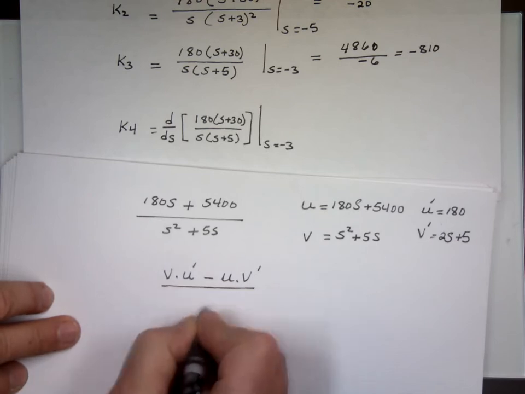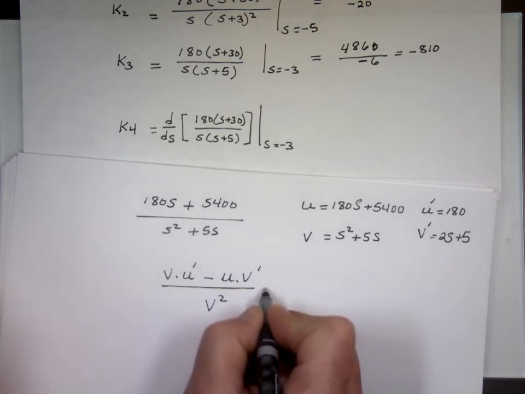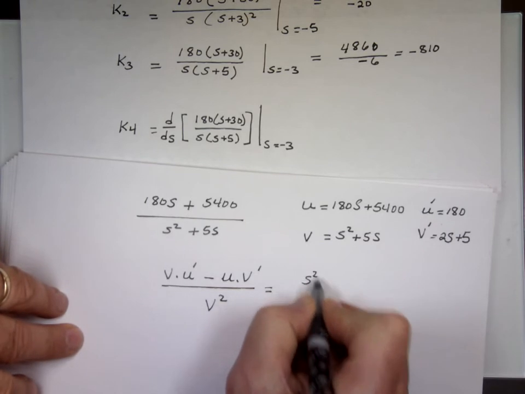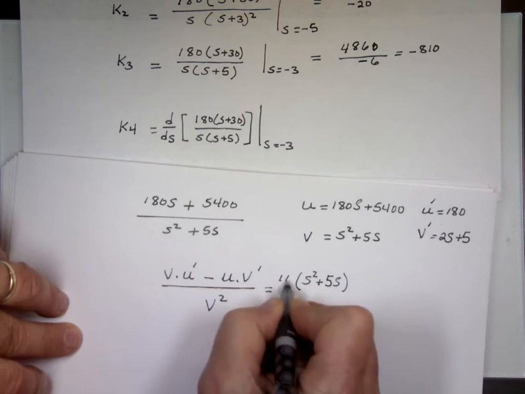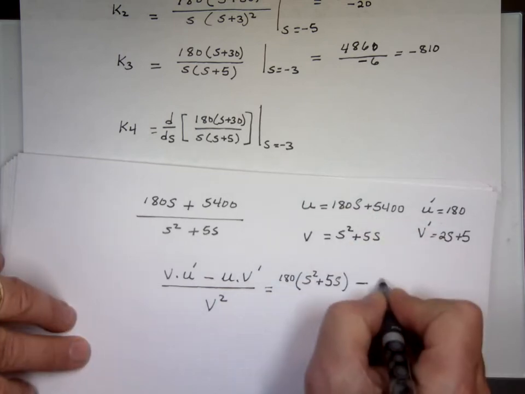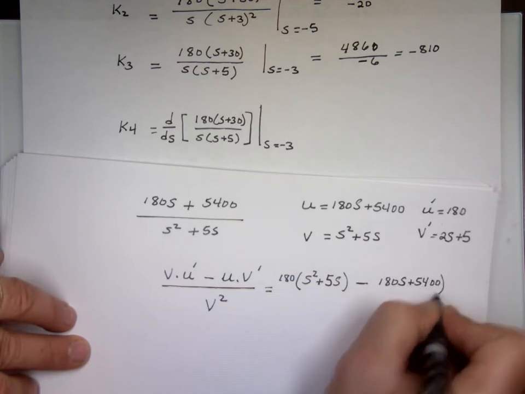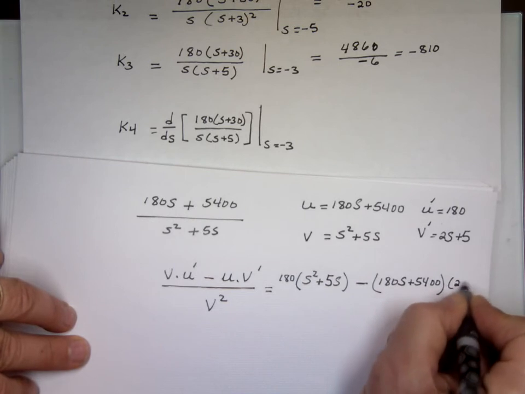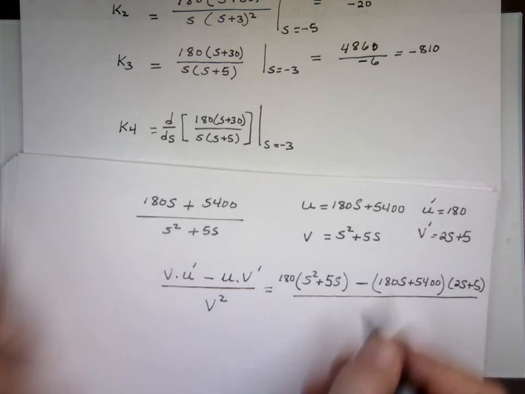That's the quotient rule from Calc 1. S squared plus 5s multiplied by u bar, which is 180, minus u times v bar, 180s plus 5,400 times 2s plus 5, all divided by v squared.